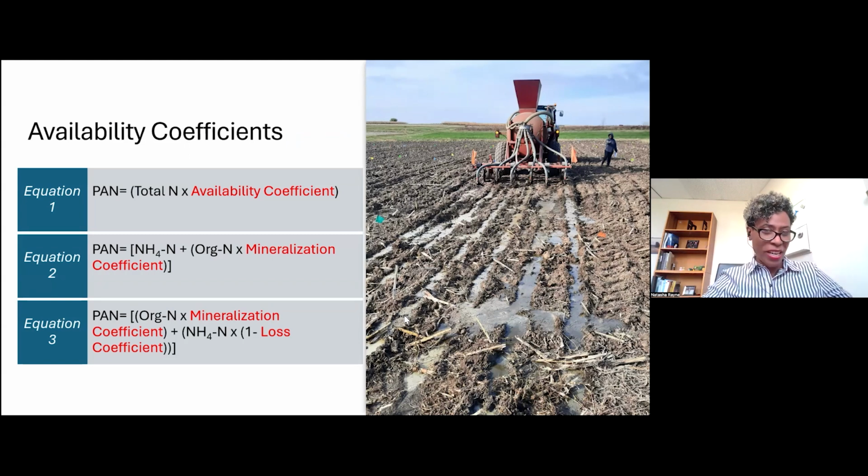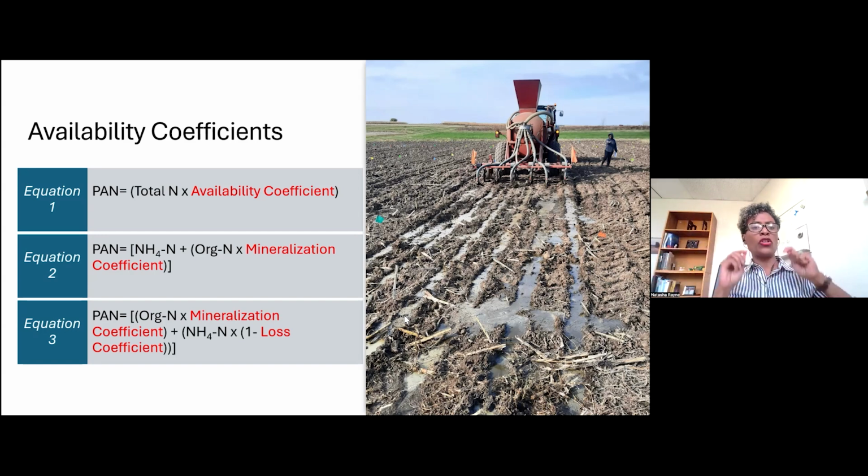Times the rate of manure that you apply. However, some people need to see it clear. They want it separate. They look at that ammonium nitrogen and then a mineralization coefficient for your organic nitrogen. Others take it a step further and say, no, you can't just consider the ammonium, you have to consider the loss of it. So there's a loss coefficient also.